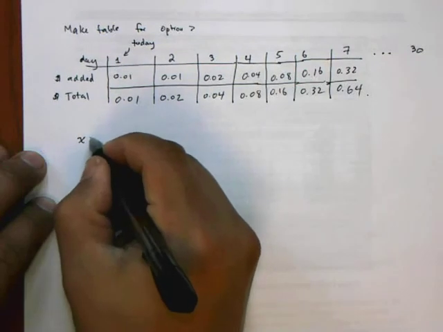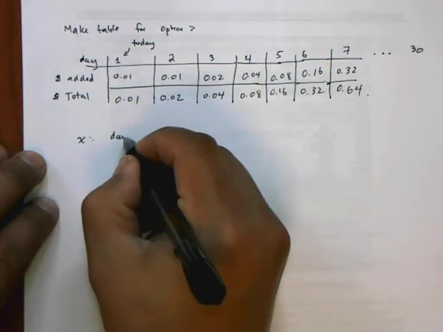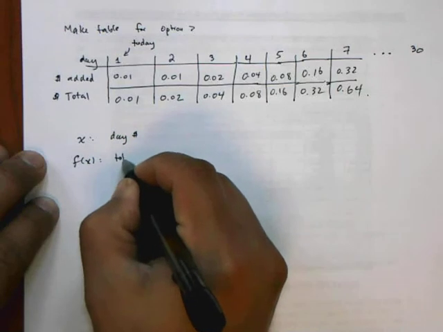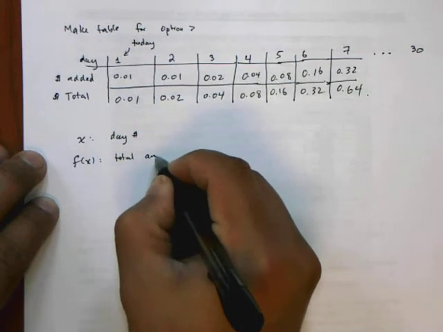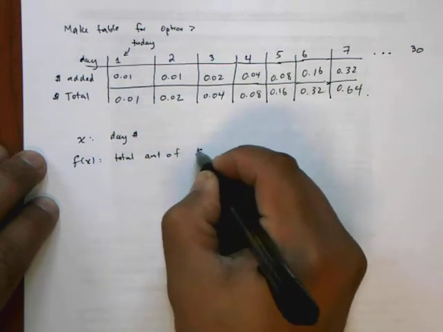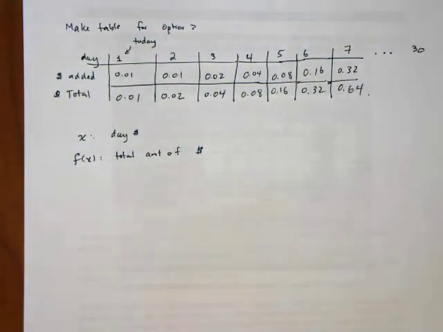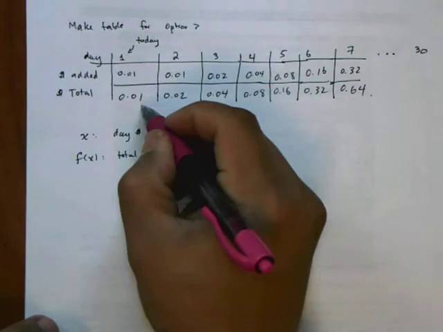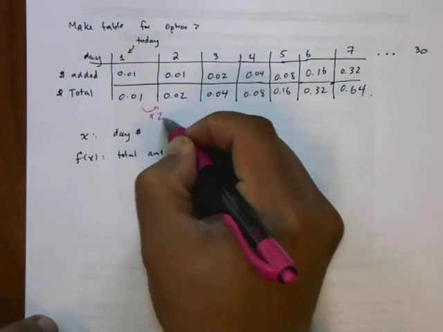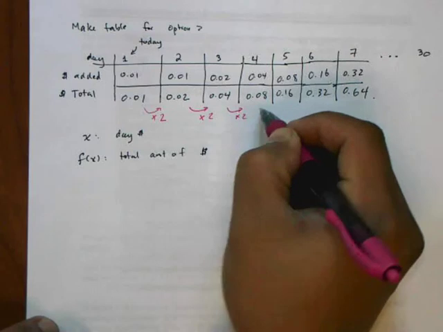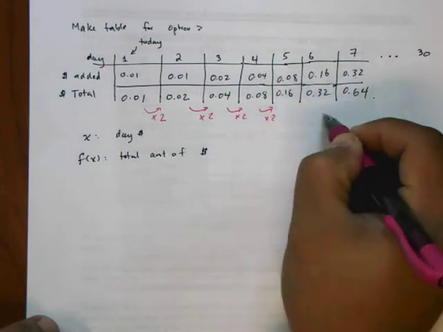So if we use x as the day number and f of x as the total amount of money, you can kind of see that here everything doubles. If you look at the total amount of money you have every single day, this is increasing by 2, then it's increasing by 2, then it's increasing by 2, then it's increasing by 2, and so on.